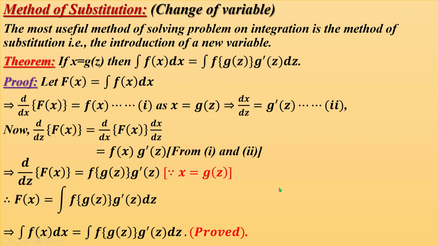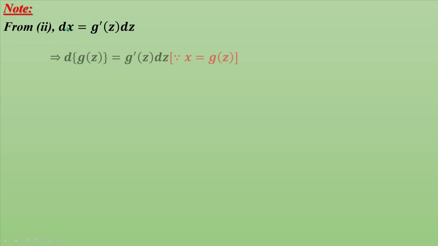Now note this equation number 2 is dx by dz. Therefore dx is equal to what? dx is equal to g prime z dz. Now follow. dx equals g prime z dz. But x is equal to what? x is equal to g of z.